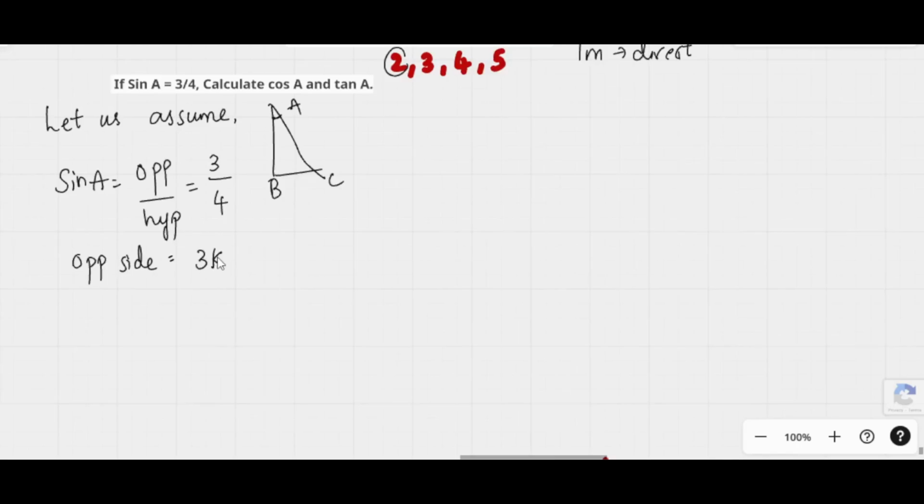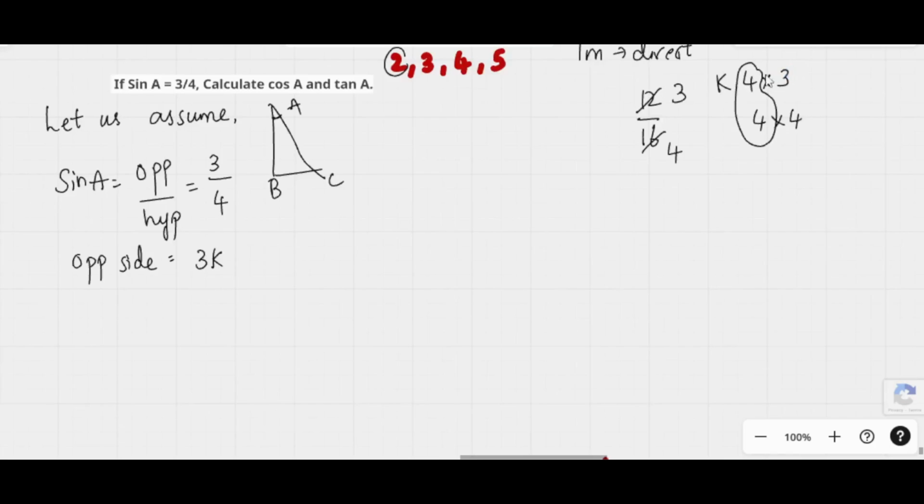Why are we mentioning k here? The reason is that it is in ratios. If you want to get a value from the ratios, it has to be multiplied with a constant. For example, take 12 by 16. When I cancel this, 4 threes are 12 and 4 fours are 16. So 4 is the common constant, that is k.